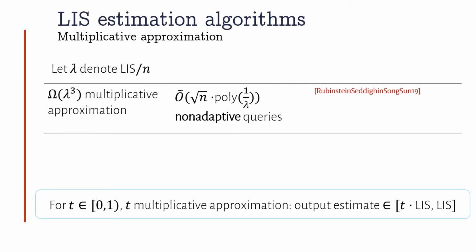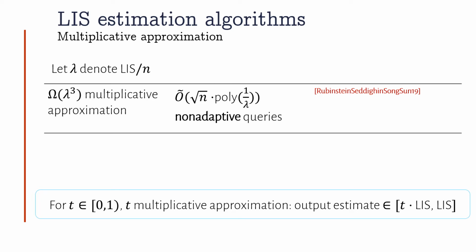Coming to multiplicative approximation, let lambda denote the fractional value of LIS, or LIS divided by n. Rubinstein et al. recently gave a non-adaptive algorithm with query complexity O tilde root n, poly 1 over lambda, that outputs an omega lambda cubed multiplicative approximation.